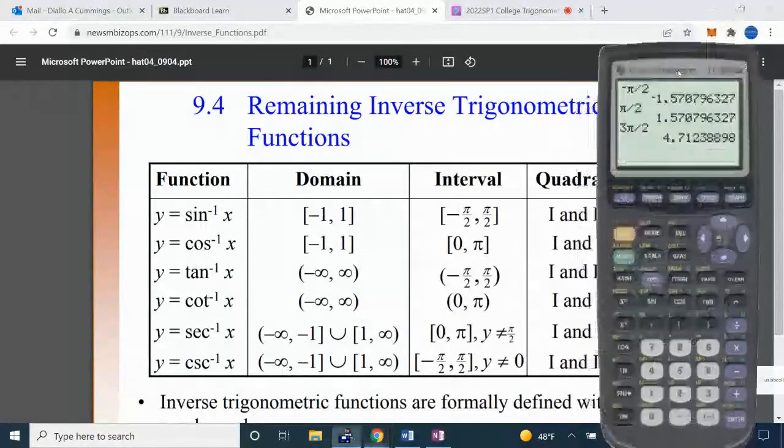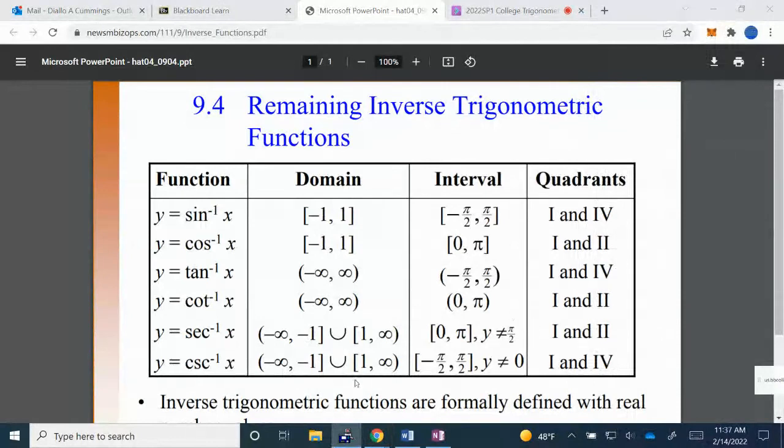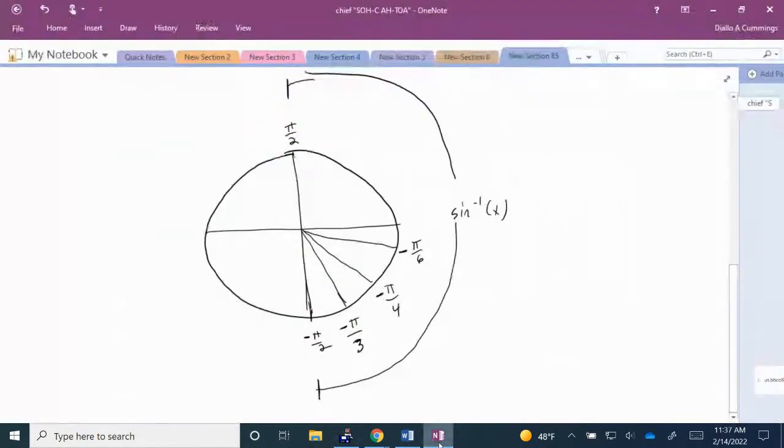Okay, going back to our function values, the arc cosine is found in the interval from 0 to pi. So if we go back to our diagram, here we have 0 and here we have pi.